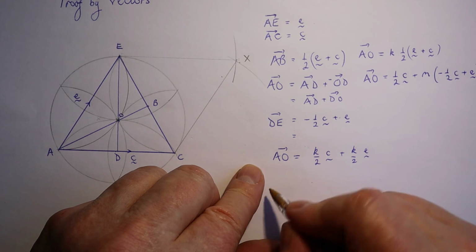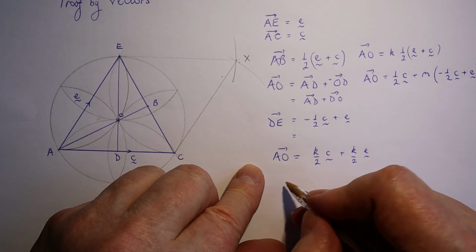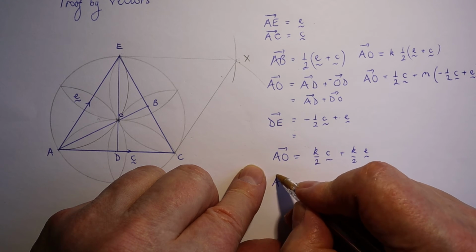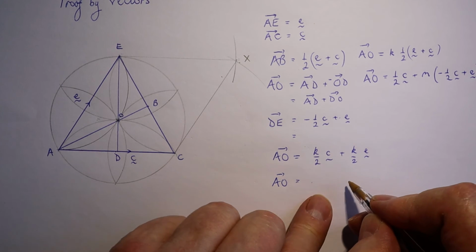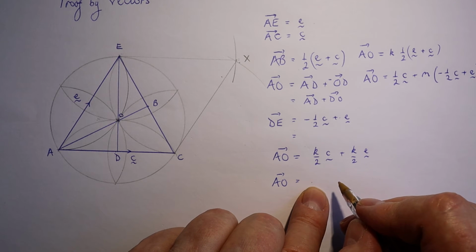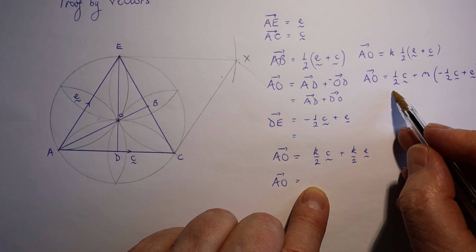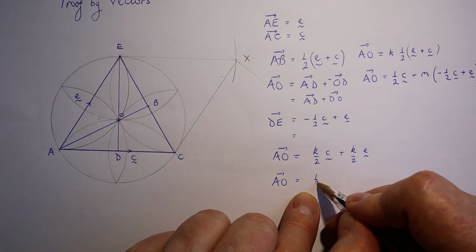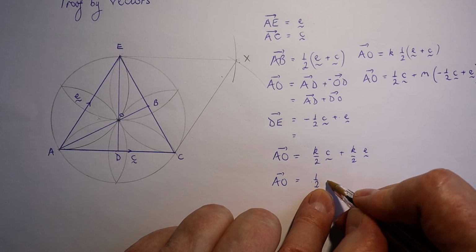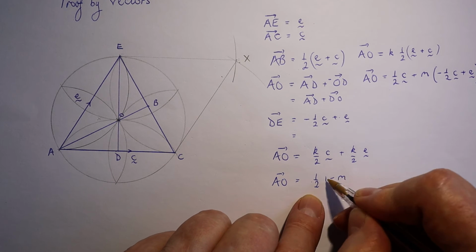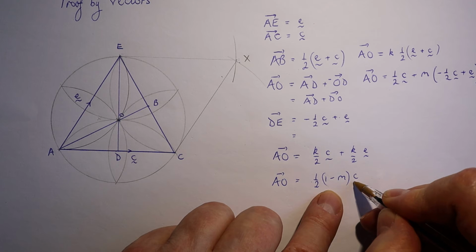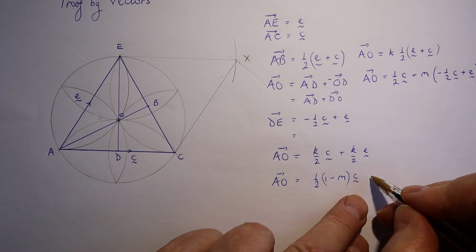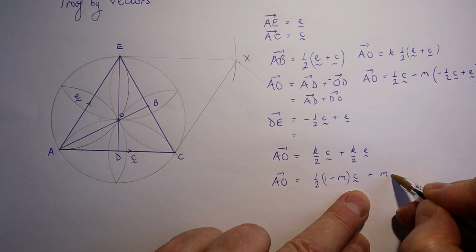But for this one, we're going to be saying that AO is equal to 1/2 of 1 minus M C, and then plus ME.